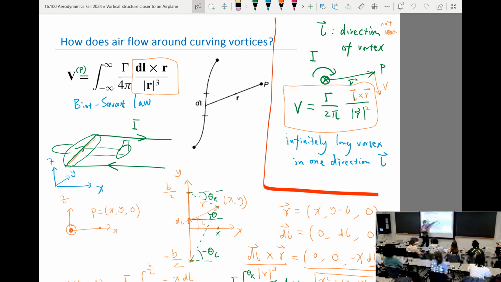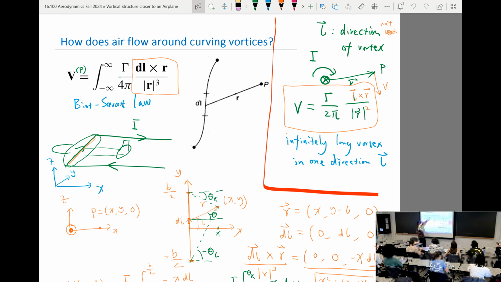So I always have this going in the right direction. This is what I mean by a vortex never ends. So basically it's a single vortex of consistent strength gamma, except the direction is no longer constant.